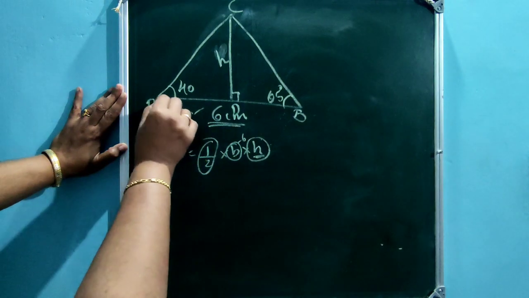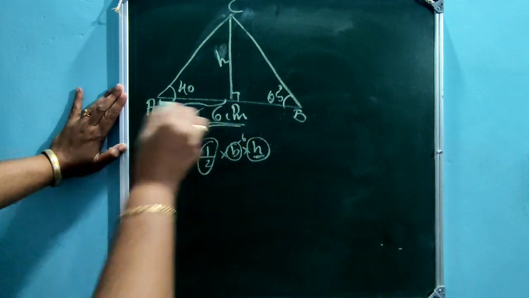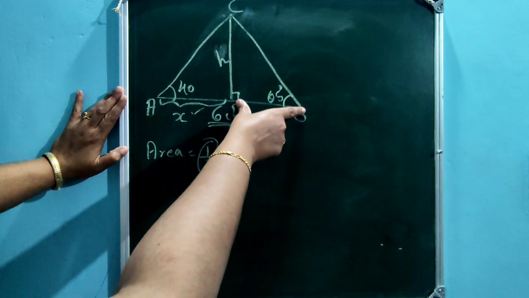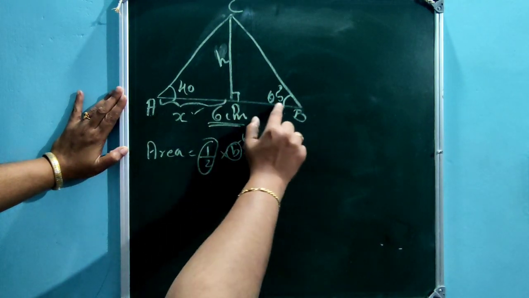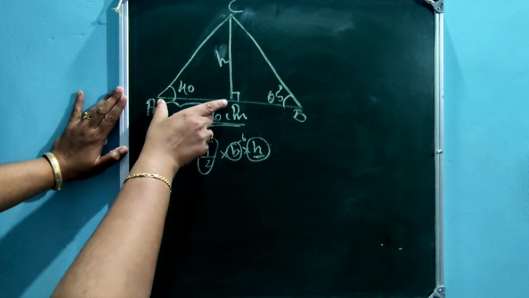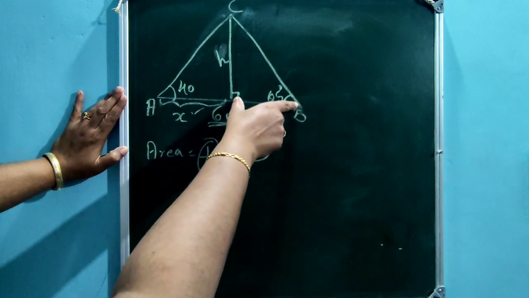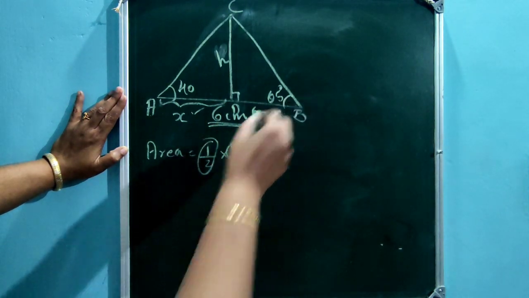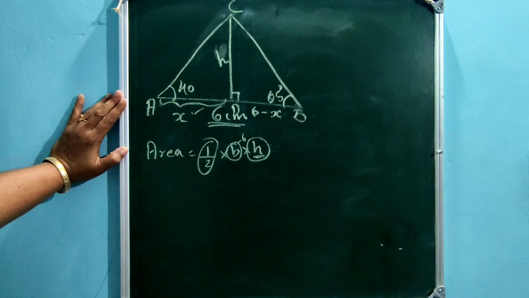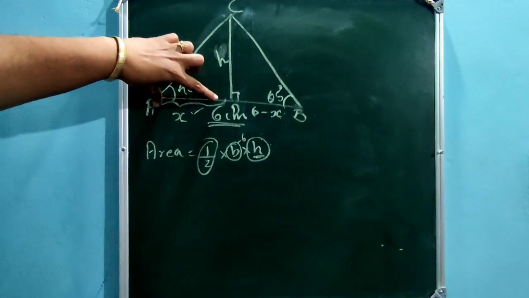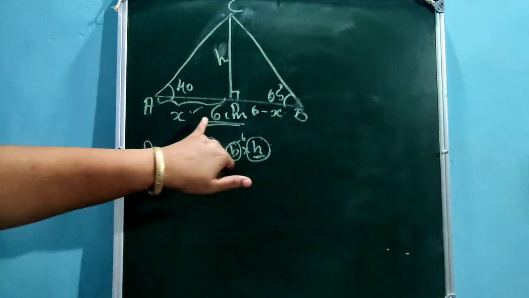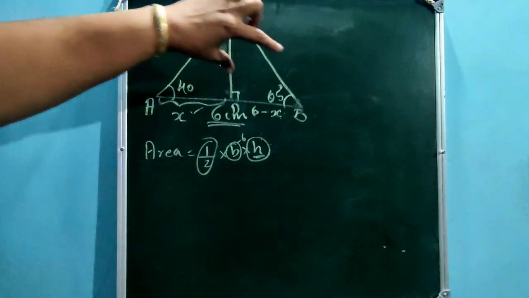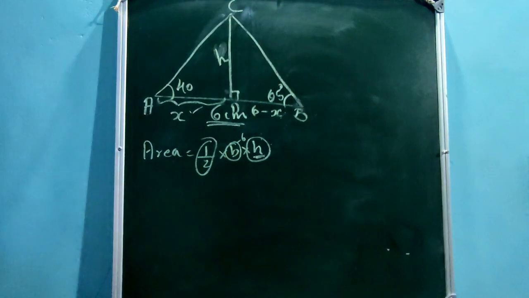If I take this length as x, what will be this length? Total length is 6 centimeter, up to this is x centimeter, then this length is 6 minus x. If this length is equal to 2 centimeter, what about this length? That is equal to 6 minus 2. So here we take this length as x and this length is equal to 6 minus x.